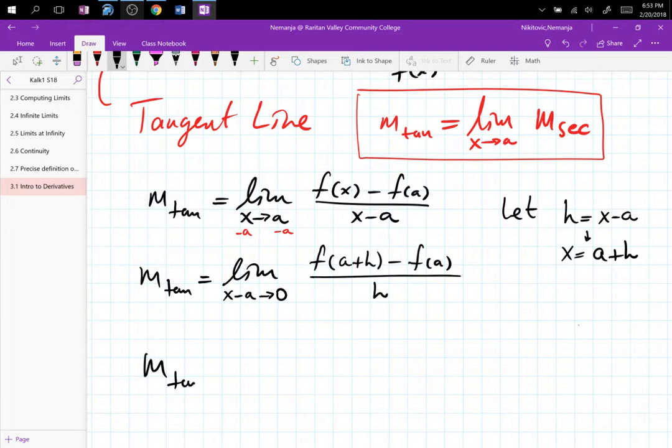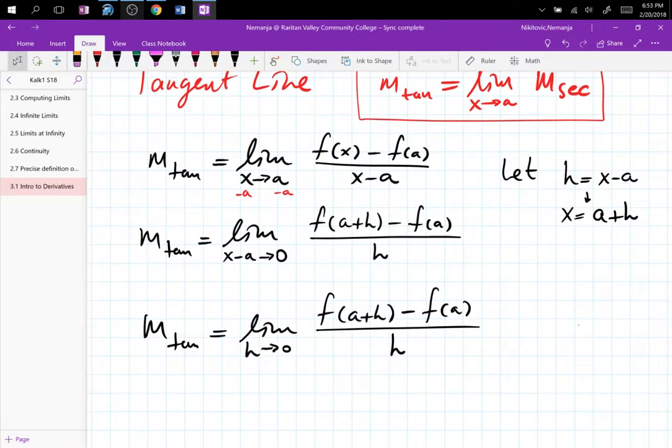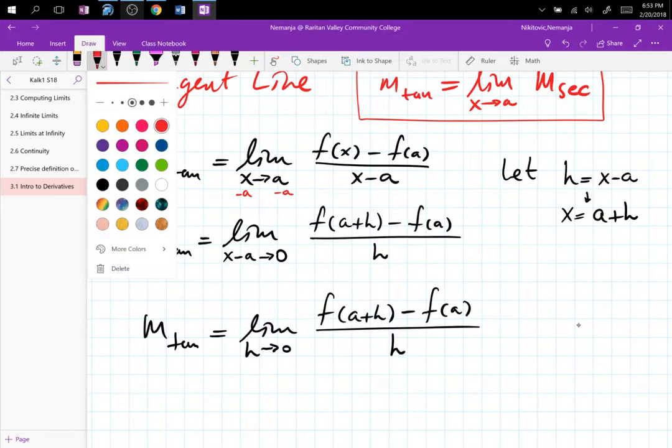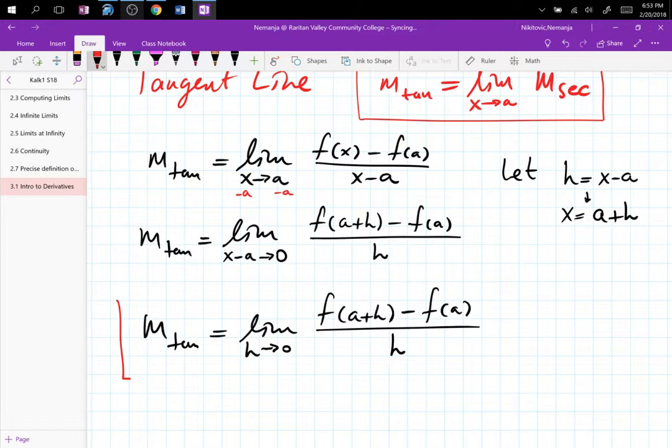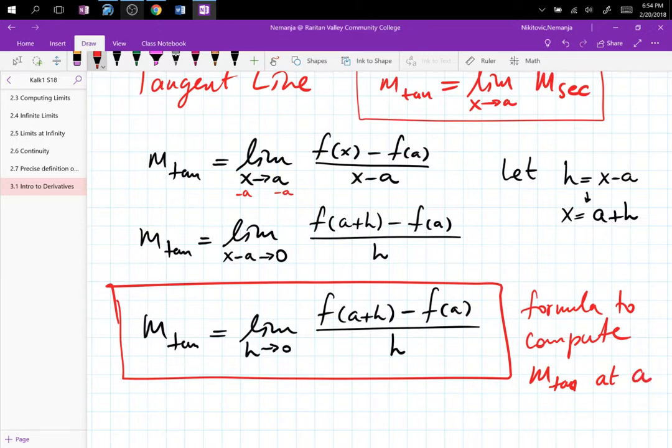And what is this formula? Anyone? Anyone? What is it? Difference quotient. This formula to compute m tangent at a, at x equals a.